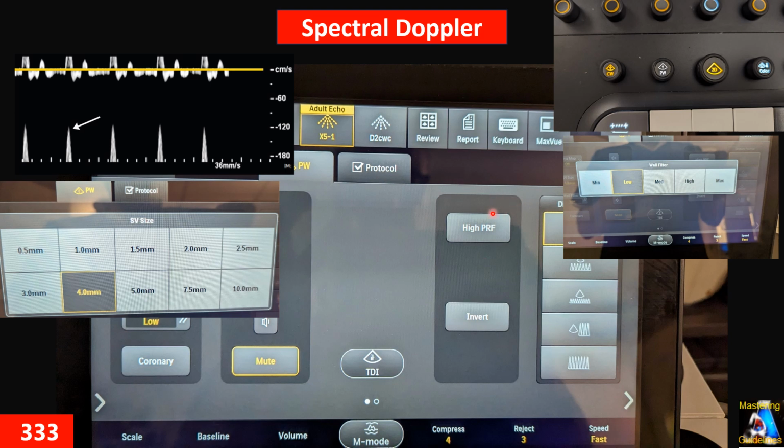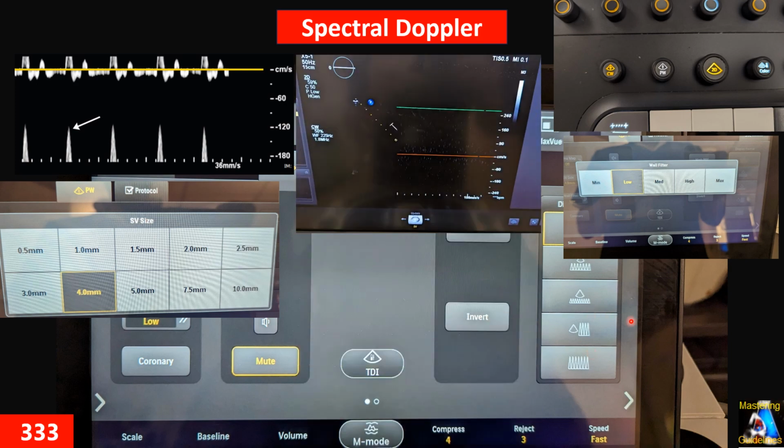The other one is here you can see the option of how to arrange the monitor, the duplex and Doppler together, top and bottom, one of them bigger, smaller, or just Doppler, or duplex on the left and spectral on the right, or just spectral. For example, as you can see here, we chose this one, the duplex on the left side, and spectral on the right side.